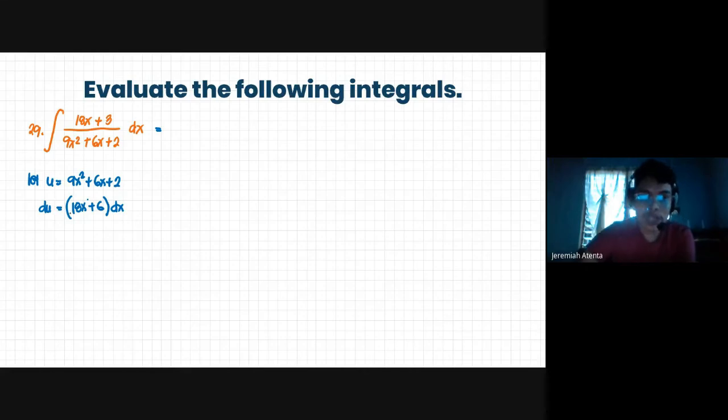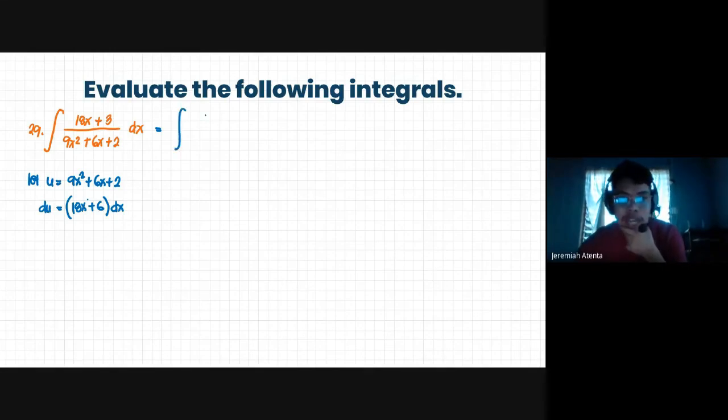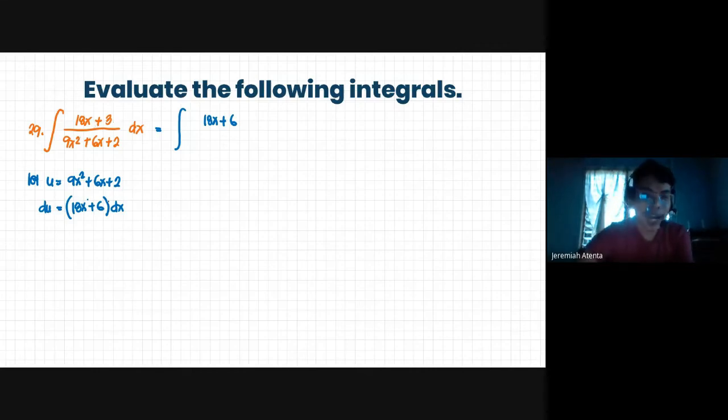So we already know that du is equal to 18x plus 6 dx. Therefore, dapat magawa natin siya ng paraan na lalabas talaga yung 18x plus 6. So we will have here the integral of 18x plus 6. Okay? So, dapat, if you will do something here sa numerator, dapat babalik siya. Right? Dapat walang ma-change. Take note, our original is 18x plus 3.